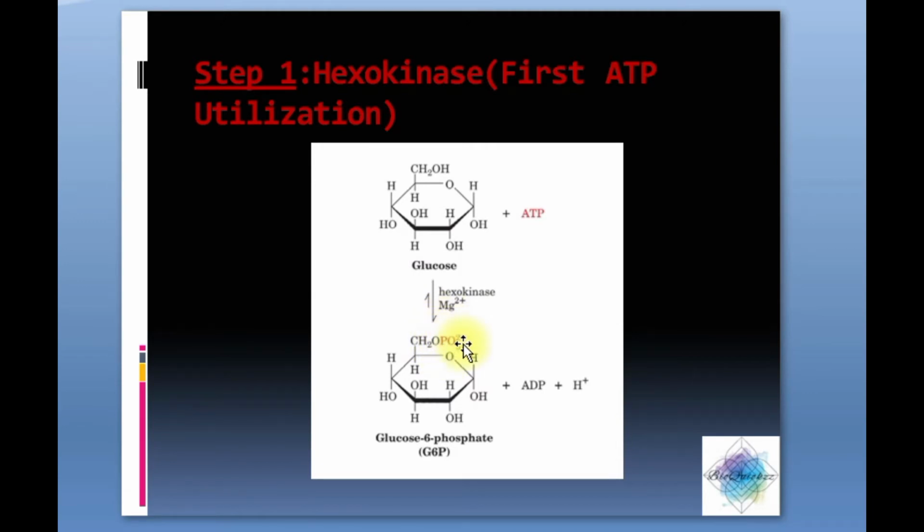That means a phosphate group has been transferred from ATP to glucose. That's why glucose 6-phosphate is formed. And Mg2 plus is the ion which is required. The products are glucose 6-phosphate, ADP, and H plus is released. This is step number 1.